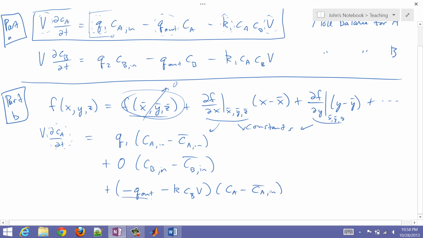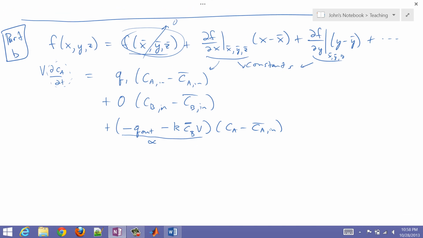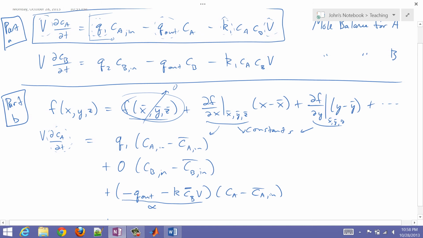Now with this term right here, you're saying, whoa, there's a variable right there. Well, it's really not. It's just at the nominal conditions, so this is going to become a constant, and I'm going to rename that alpha. Then I also have my next one with respect to CB. I scroll back up there.